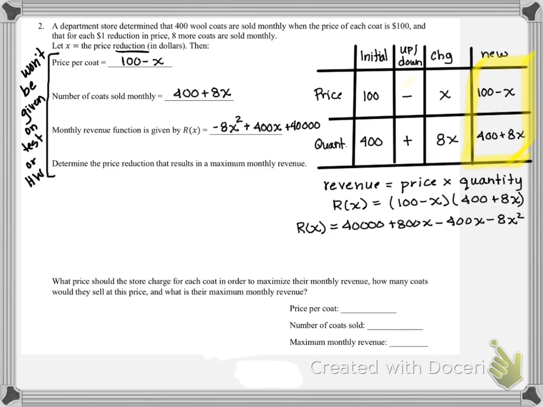So now let's determine the price reduction that results in a maximum monthly revenue. What do I need to find? The vertex. Do I want the x coordinate or the y coordinate? So the price reduction is, yeah, that's x, right? So this is the x value.